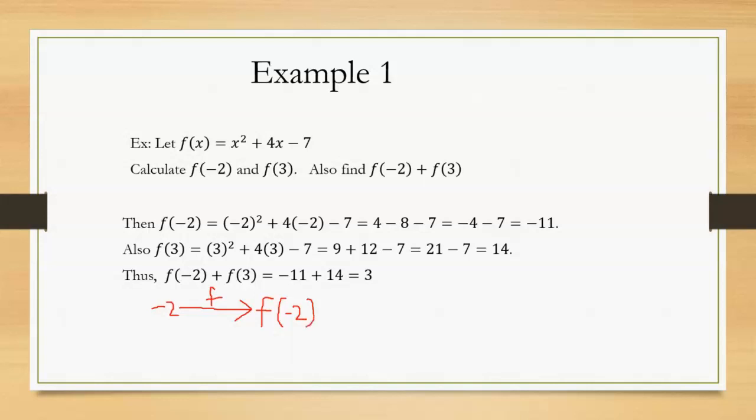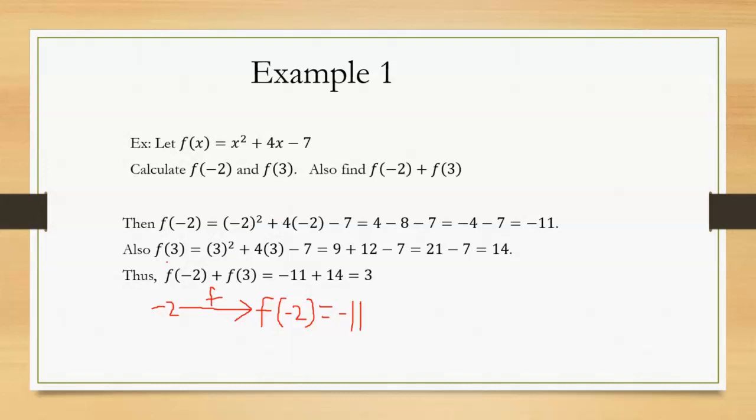As you can see, f of -2 we just calculated, that's equal to -11. All I'm doing. I know the notation does look a little intimidating. It's really not terrible, though. You just have to get used to it.